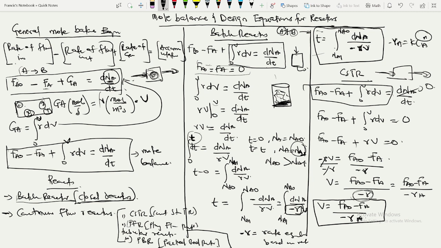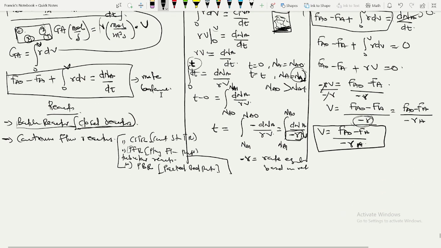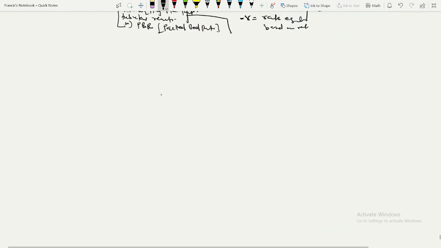So our next one will be the PFR, that is the plug flow reactors.